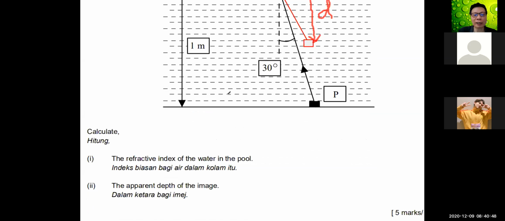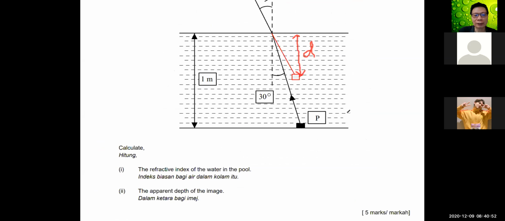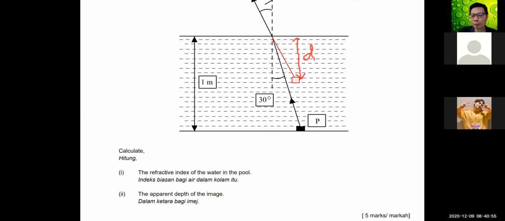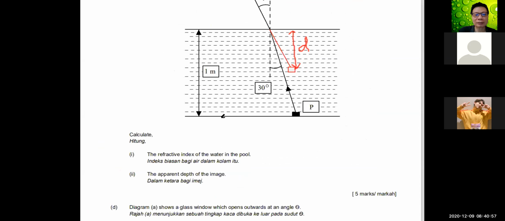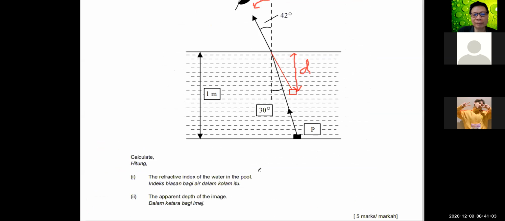So now, how to find the refractive index? What formula to find the refractive index? Can anyone tell me what formula to use? Regime, are you there? Can you come up, please? What formula to use to find the refractive index?